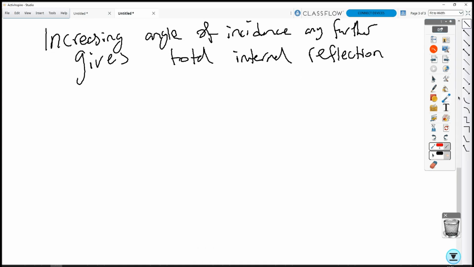So we'll sketch what that looks like. We'll draw our water-air boundary again.